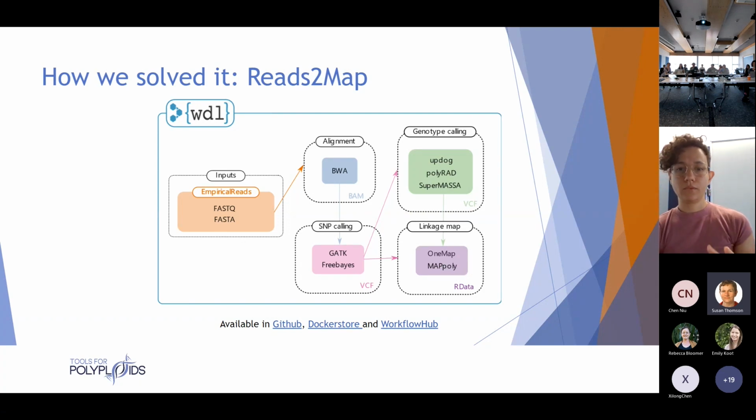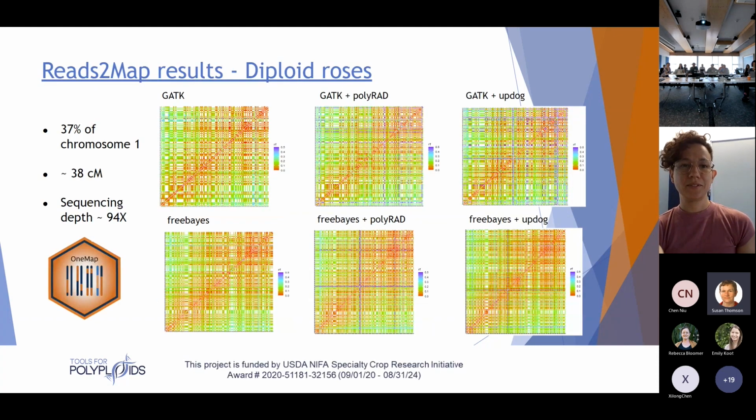Okay, so now I will present a little bit of what we got from it, like in the paper, and then we go hands-on. What I did was run everything. I ran many maps with different datasets. The result is the recombination fraction matrix, and I could choose which one is the best because I had all these graphics.